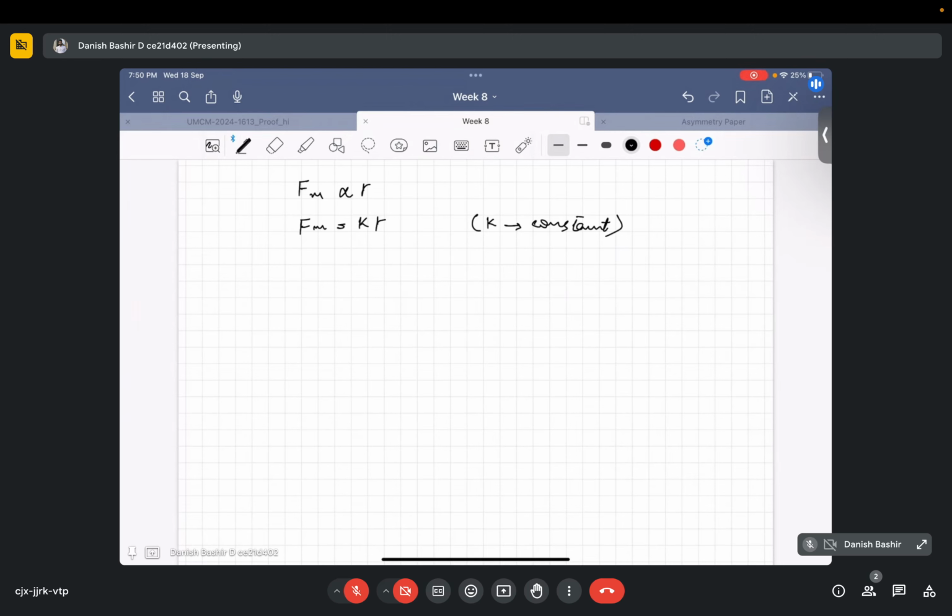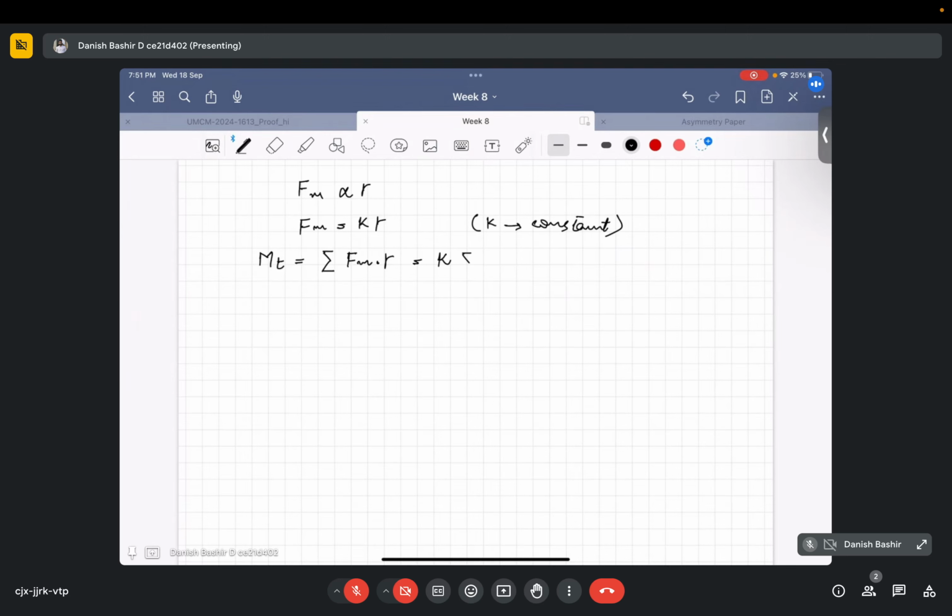So the total moment on the joint, MT, will be the summation of the moments on each bolt. So Fm, and the distance of each bolt from the center is the radial distance R, so Fm into R. Fm is actually equal to Kr, where K is a constant.